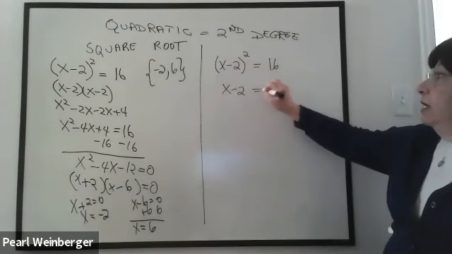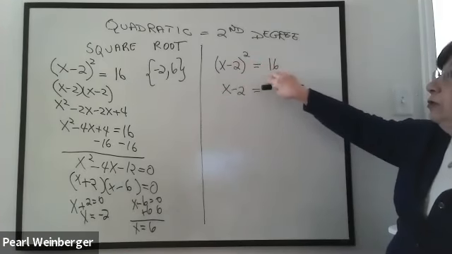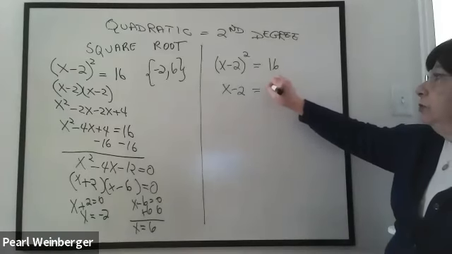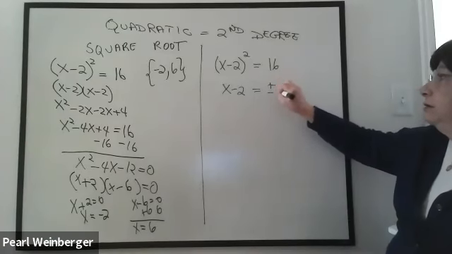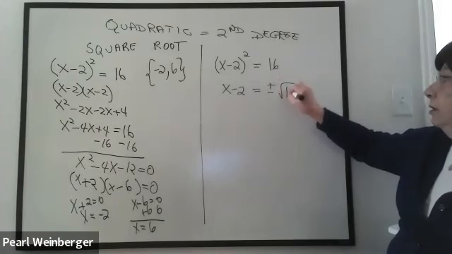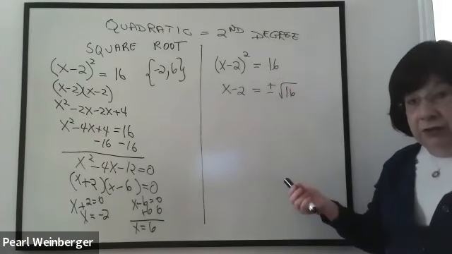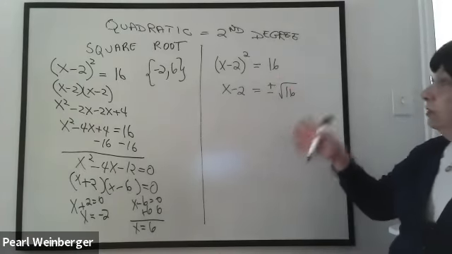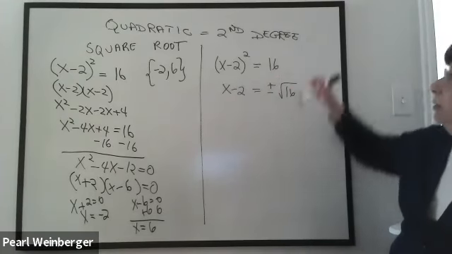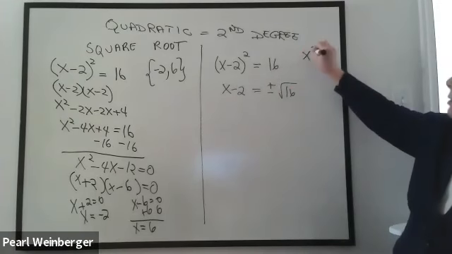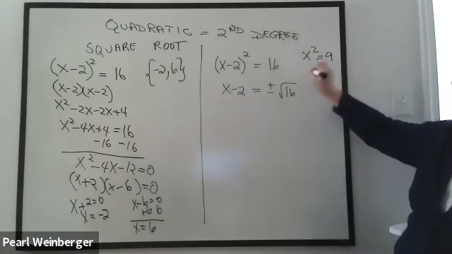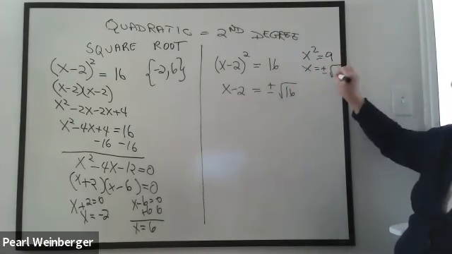On the other side, this is not something squared, so I actually have to do the square root. I have to do plus or minus the square root of 16. Remember, that's exactly what we did when we had x squared equal to 9. Then we did x equals plus or minus the square root of 9.